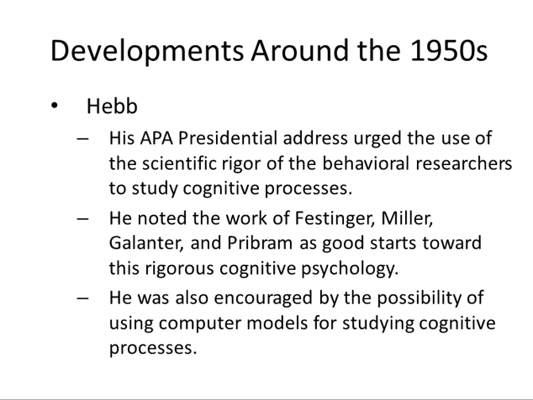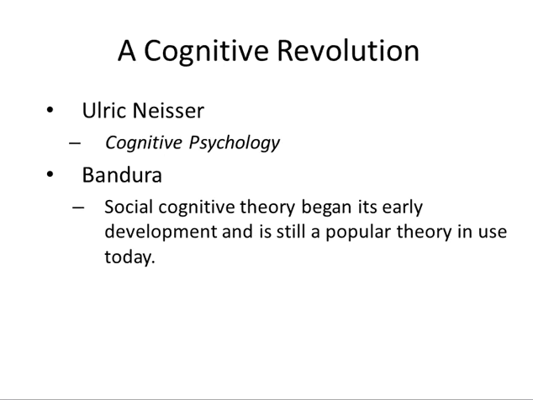Hebb, in his APA presidential address, urged the use of the scientific rigor of the behavioral researchers to study cognitive processes. He noted the work of Festinger and Miller, Galanter and Pribram as good starts toward a rigorous cognitive psychology. He was also encouraged by the possibility of using computer models for studying cognitive processes.